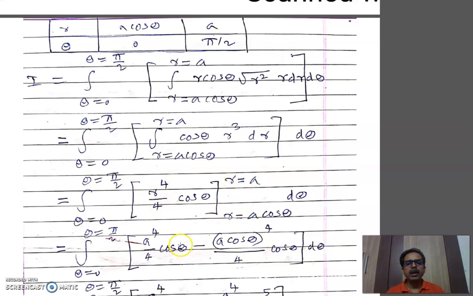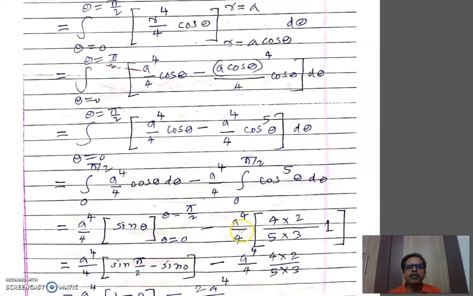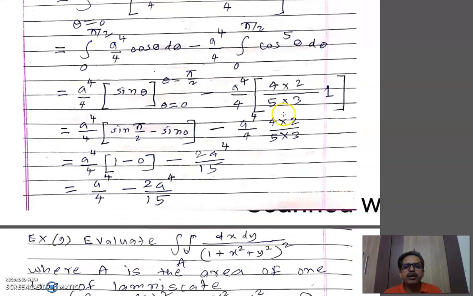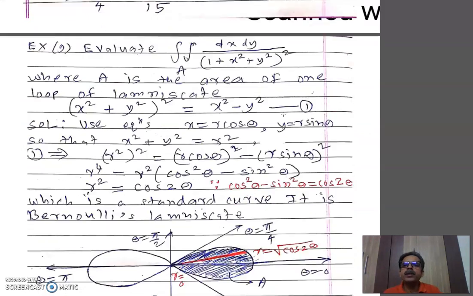First we put r is a, then minus, then put r is a cos theta. You can see that the double integral is converted to a single integral. You can split this; the integration of cos theta is sin theta with limits theta 0 to pi by 2, while in the second term we use the reduction formula and we can get the answer.